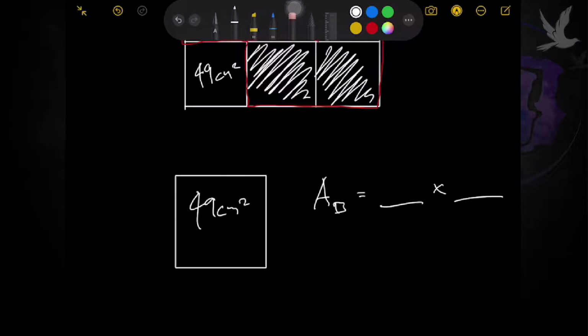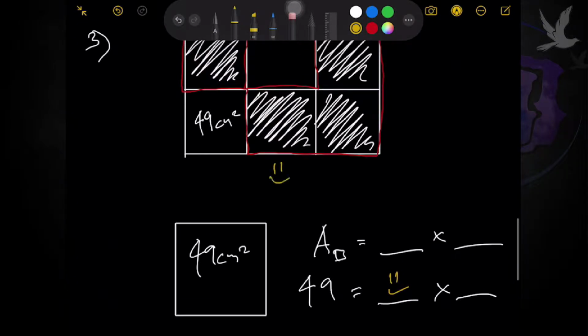Which means you're going to multiply the same number such as 2 times 2. Kasi nga square yan eh. So, same sides. Same measurement ng sides niya. So, what are you going to multiply both that will basically give you 49? Ano yung multiply mo that will give you 49? So, kaya na yan. Once you have your answer, that is your measurement for each side.